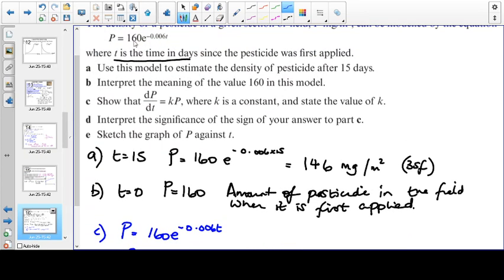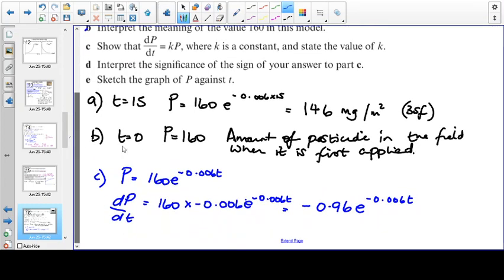Okay, but p is 160 e to the negative 0.006t. So if there was 160 e to the negative 0.006t, we could change that to a p. Okay, so this is just a multiplier of this. So we just need to figure out what that multiplier is.